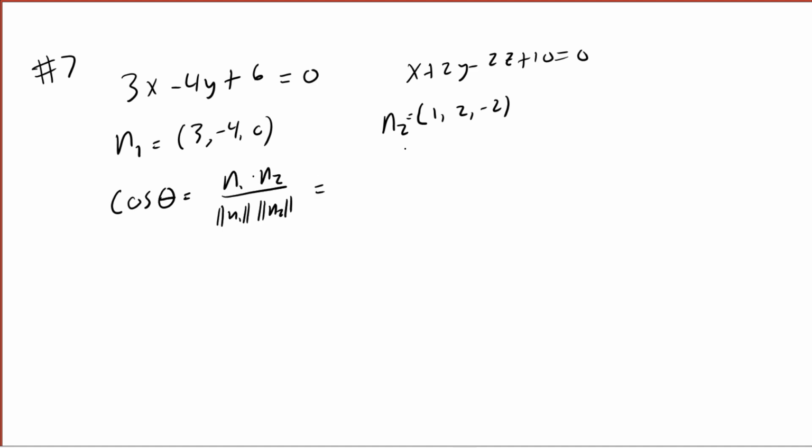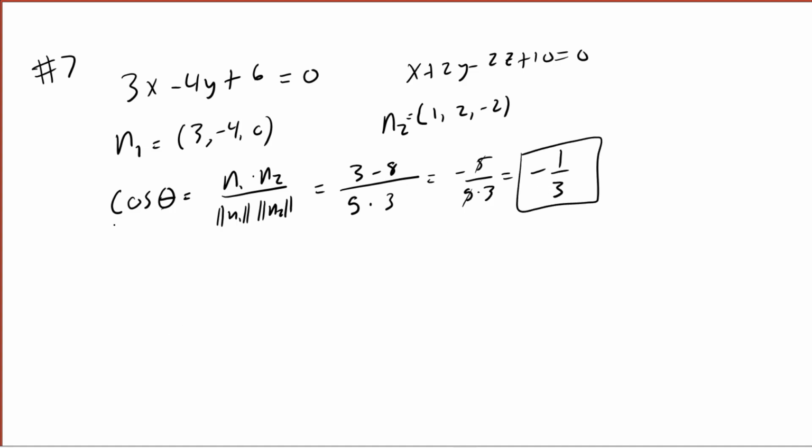So n1 dot n2 is 3 minus 8, over a norm of 5 and a norm of 3. 3 squared plus 4 squared is 25, and then 1 plus 4 plus 4 is 9. So this is minus 5 over 5 times 3, which is negative 1/3. We're not looking for the angle, we just want the cosine of the angle.